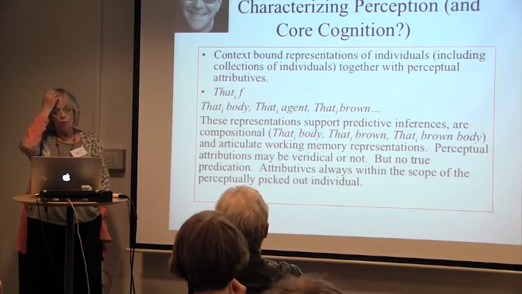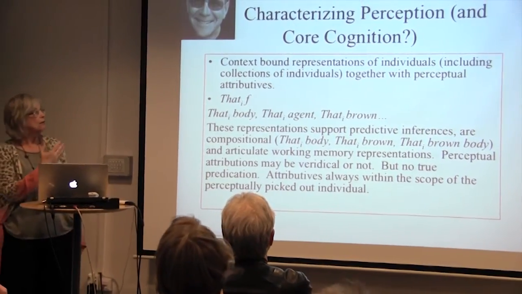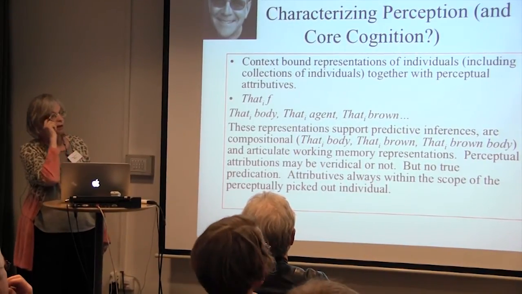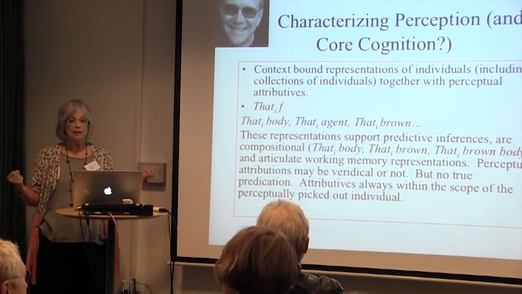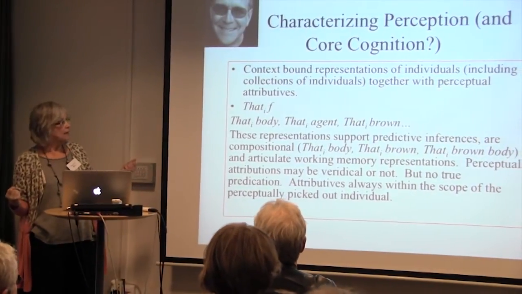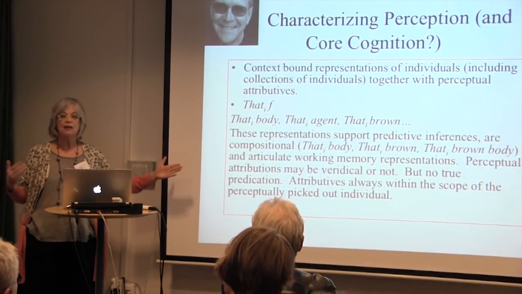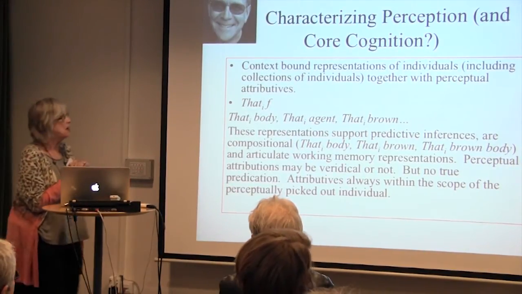Look, what we need here is a characterization of what perception is like, and maybe core cognition on the one hand, and what thought is like on the other hand, to even engage this question. And I don't have time because I want to actually show you some data that counters Eric's guesses.